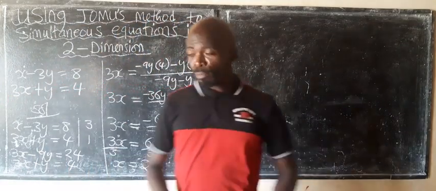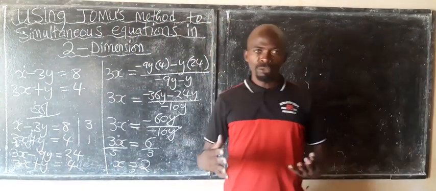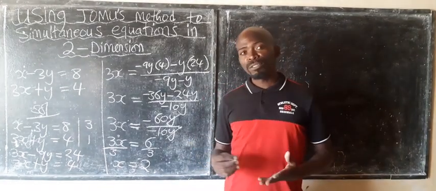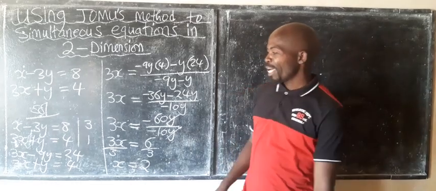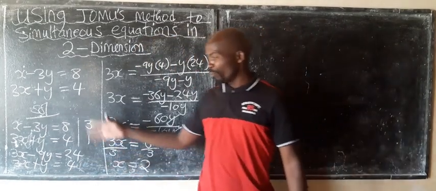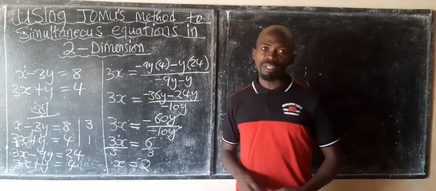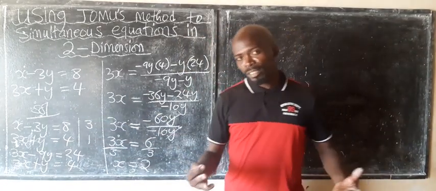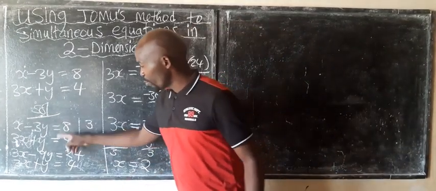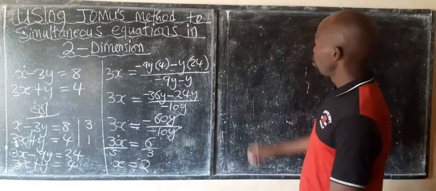Now, if x is positive 2, I can easily find the value of y by using the substitution method. If I don't want to use substitution, I can go back and solve for y using the same steps I used to solve for x. Not to waste time, we can just substitute positive 2 into one of the first two equations.